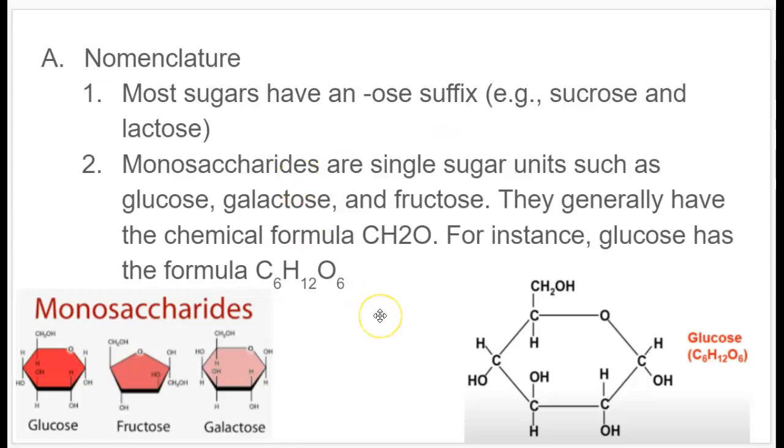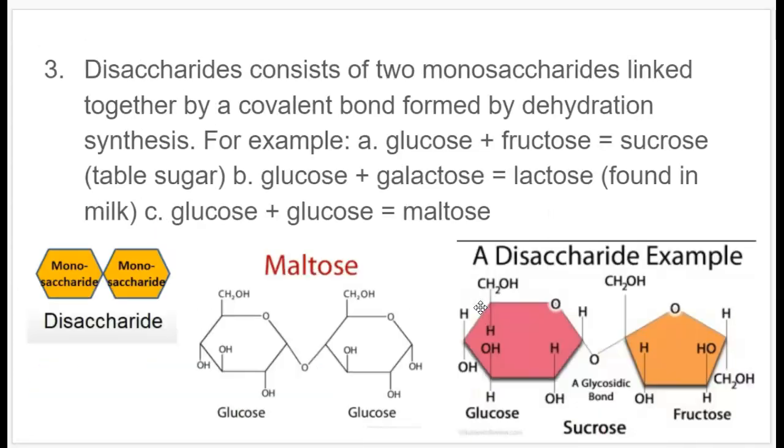And so there are different types of monosaccharides. Glucose is a monosaccharide, and so are galactose and fructose, and they all have different formulas that are ratios of CH2O. Here's the example of glucose. So disaccharides, the prefix di means two. Saccharide, think sugar.